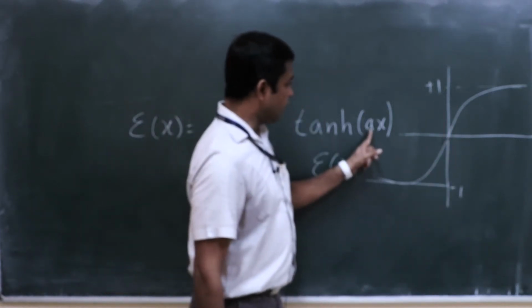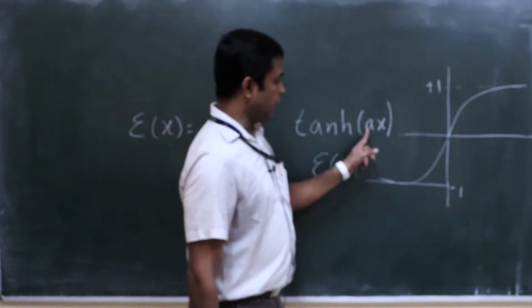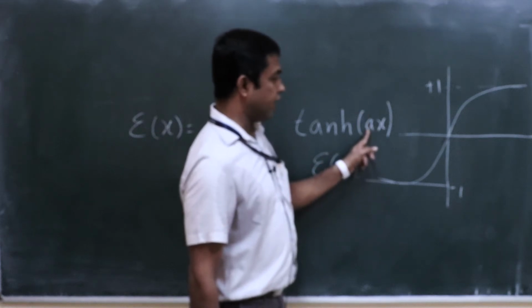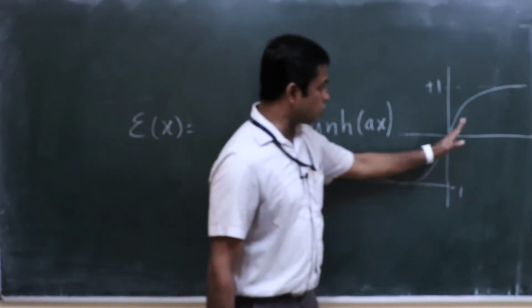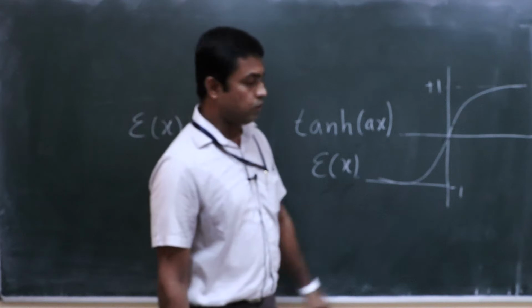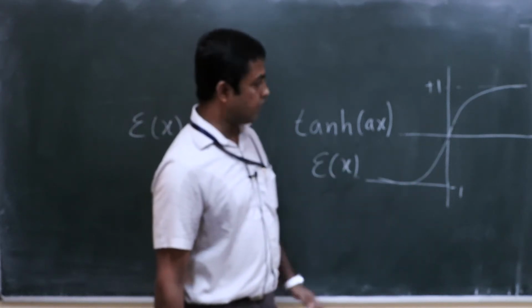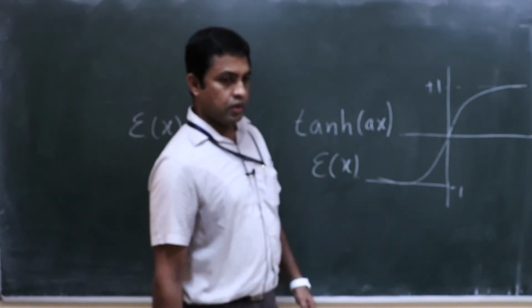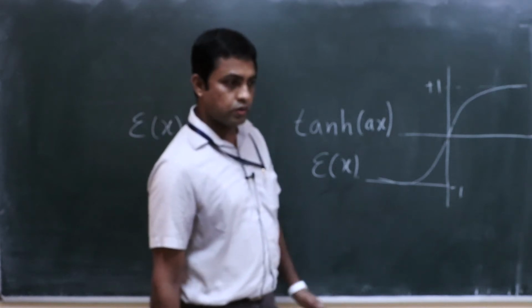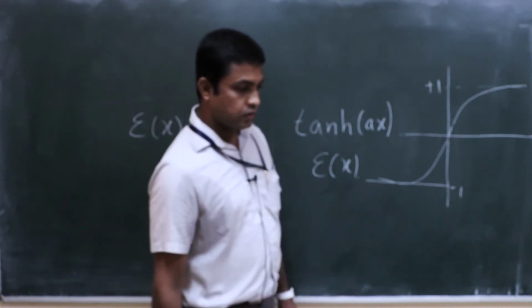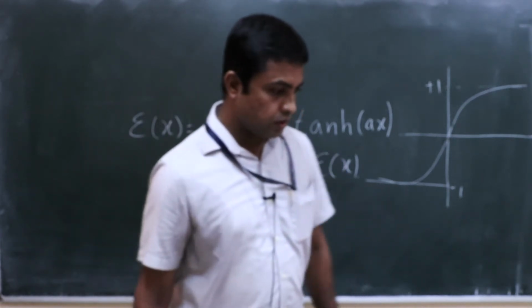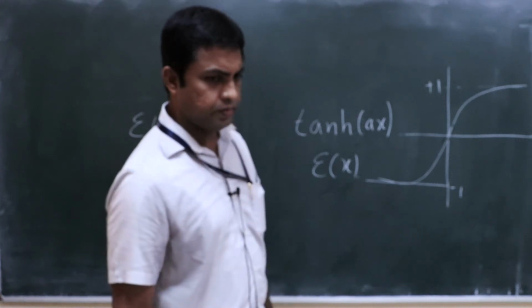So when I increase a, suppose I put a is equal to 2, what will be the slope at x is equal to 0? Any idea whether it is going to increase?